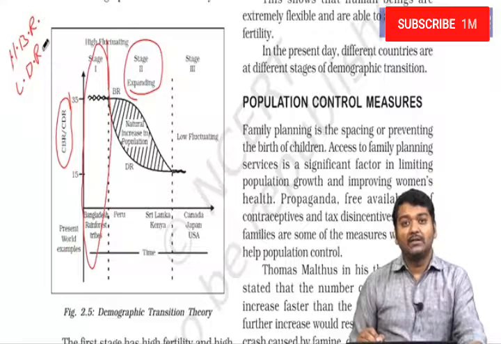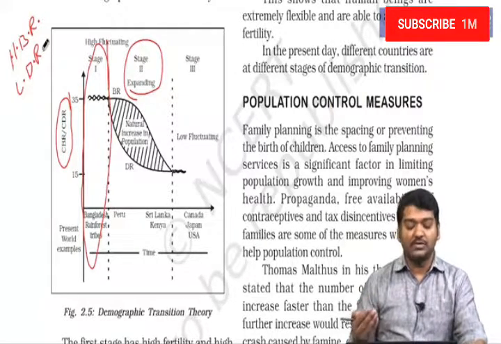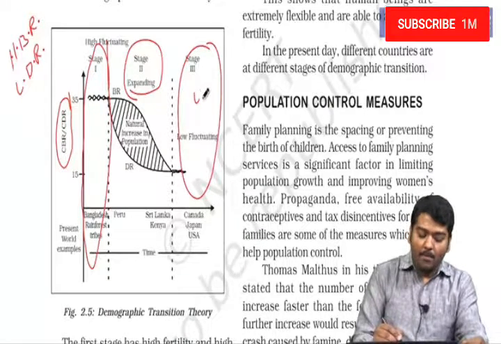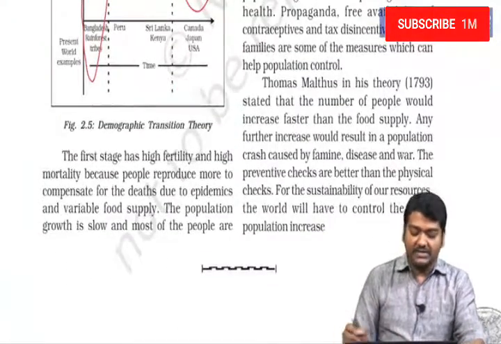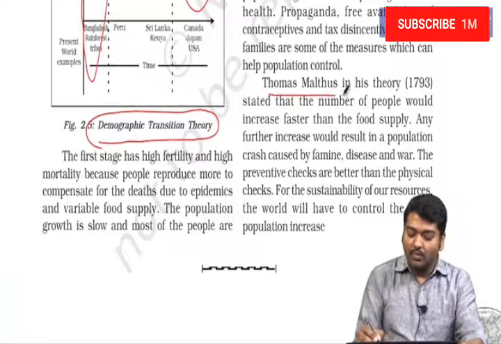Due to this, there will be some sort of population growth, and an explosion also takes place. And finally, we will see a low birth rate and low death rate, that is, the population is declining. This is what we call the demographic transition theory given by Thomas Malthus.